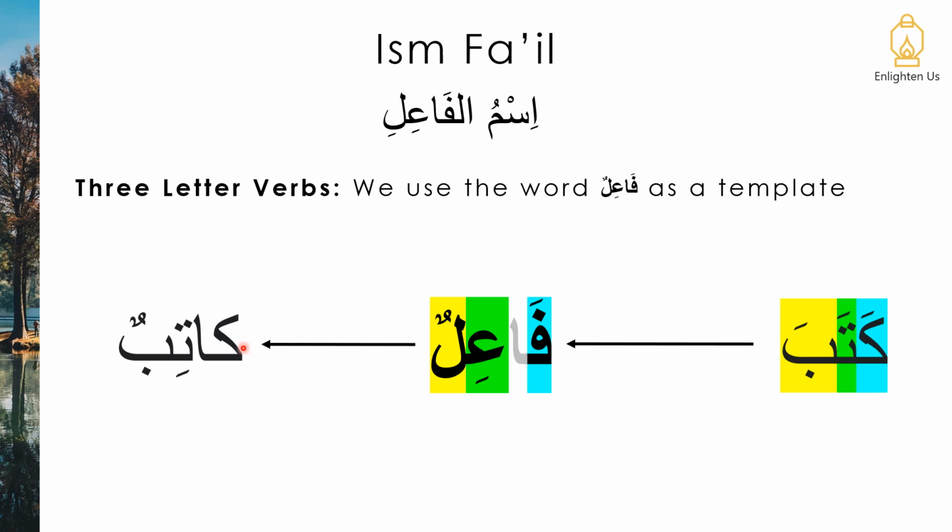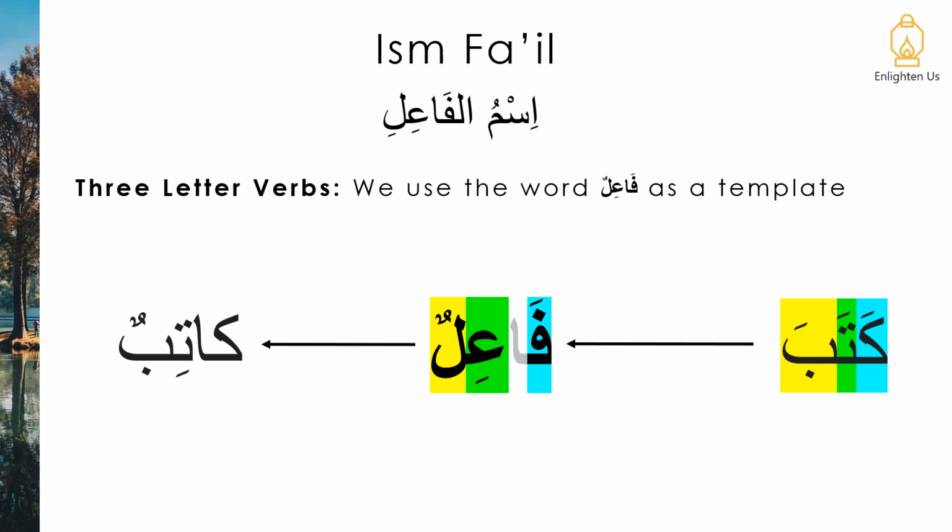Well, we've retained the kaf, we've added an alif, because as you can see in the verb there is no alif, but in fa'il there is. The ta here now has a kasra because the ayn here has a kasra. And again, of course, we're finishing on tanween. This is for our 3-letter verbs.